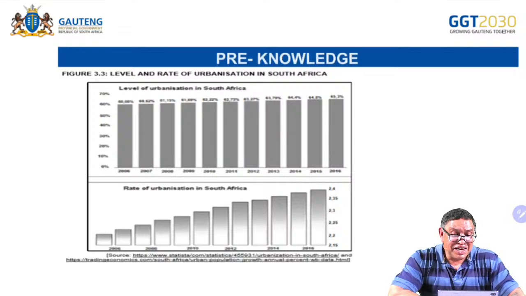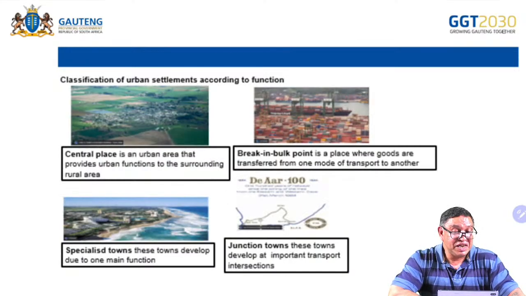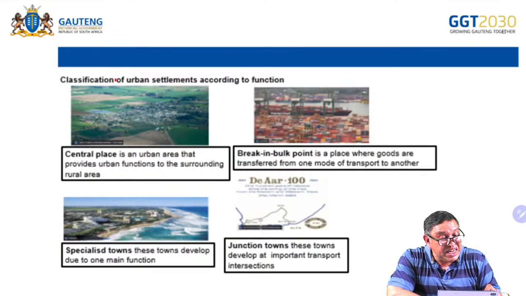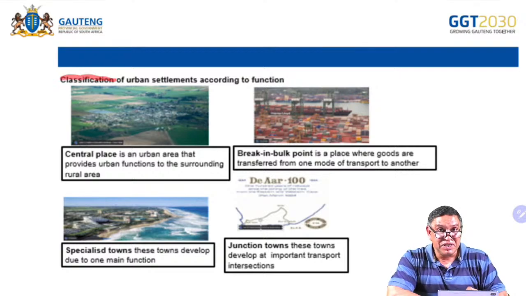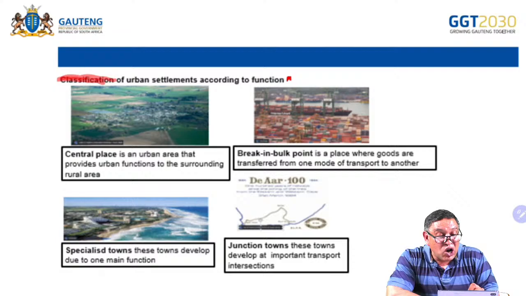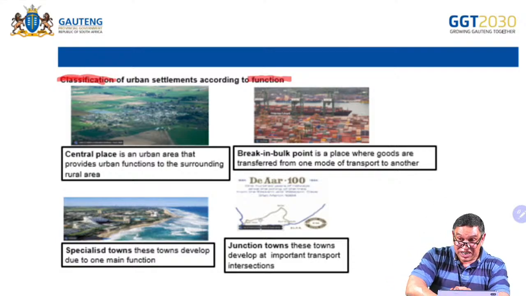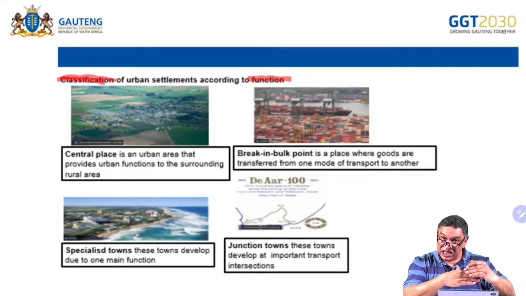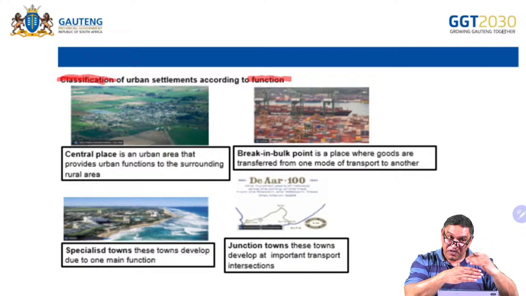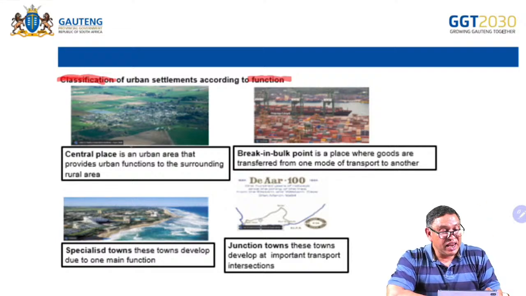And that's a little sketch there that can show you percentages, the classification of urban settlements. Now watch out, this is a classification according to function. Sometimes you can get classification where you move from a farmstead onwards. A central place is an urban area that provides urban functions to the surrounding rural areas.